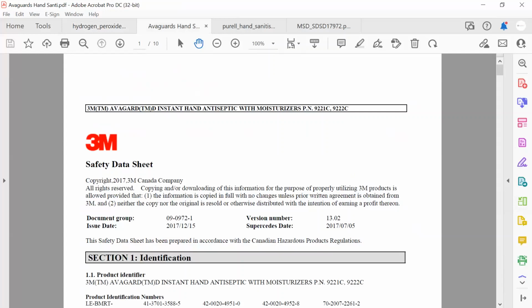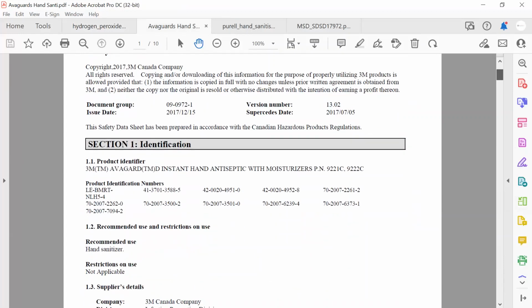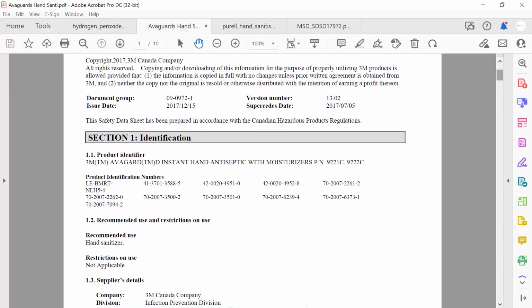So now we'll go over to an instant hand antiseptic hand sanitizer from 3M. It's called Avagard. I see this a lot more in medical offices, hospitals, and surgery centers, but I have seen it a few times in assisted livings and in one jail.